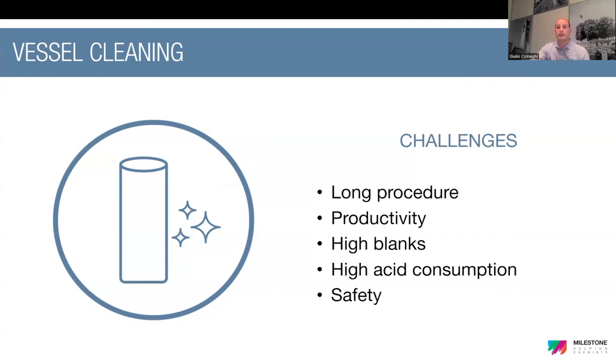And if the cleaning is not done properly, you also face high blanks. Plus, you can have a high volume of acid used to perform only the cleaning cycles or in the acid bath. And when you deal with an acid bath, you also expose the operator to some safety concerns due to the volume of acid that is used.